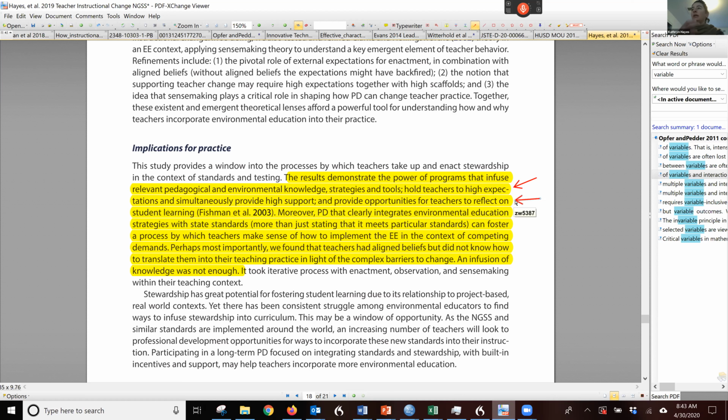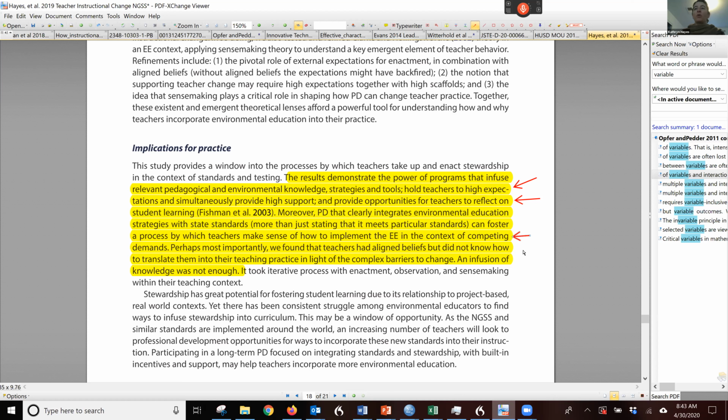So I'm saying, here's some pieces of a PD that are useful based on this study. Moreover, PD that clearly integrates environmental education strategies with state standards can foster a process by which teachers make sense of how to implement environmental education. So I'm thinking about my audience of environmental educators and saying, let's incorporate state science standards in our environmental education PD.